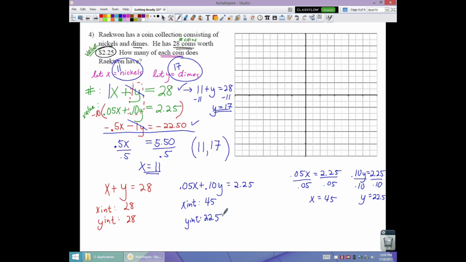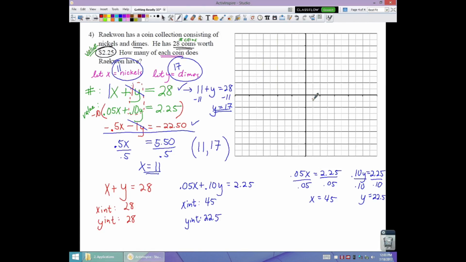So it looks like I need to make it to 45 on my axes. And since I have 10 boxes, I could count by 4.5. I wouldn't get into those decimals, so I'm going to make my scale 5s.